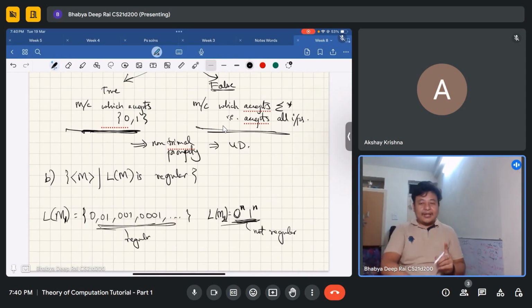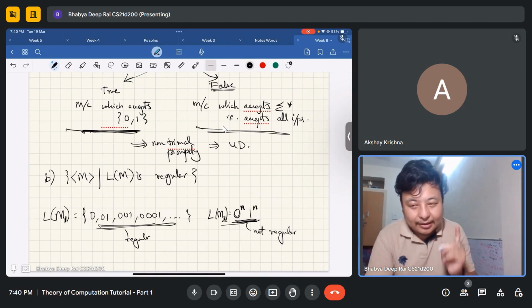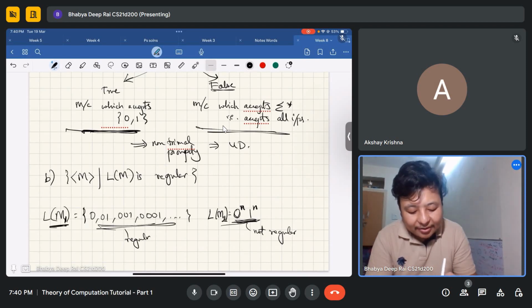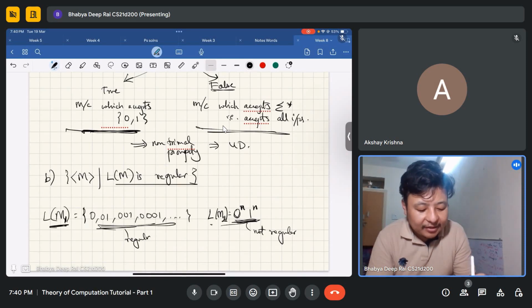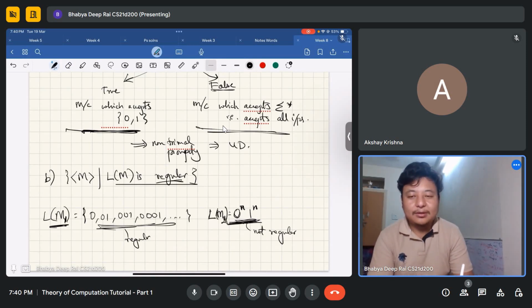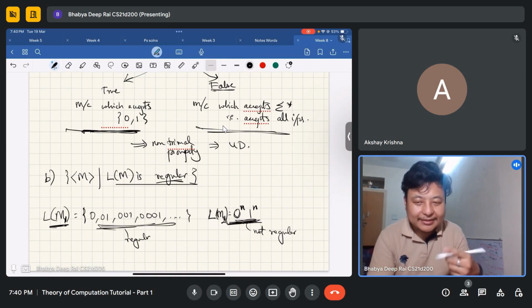But you get it now. You give me an example of a machine M1 where the property is true, and I give you an example of a machine M2 where the property is false. What is the property? The property is that the language is regular.